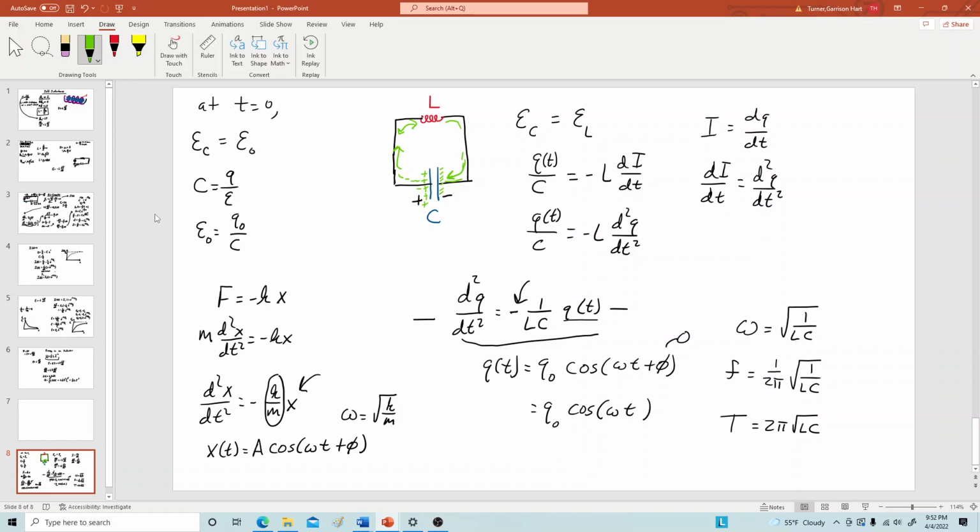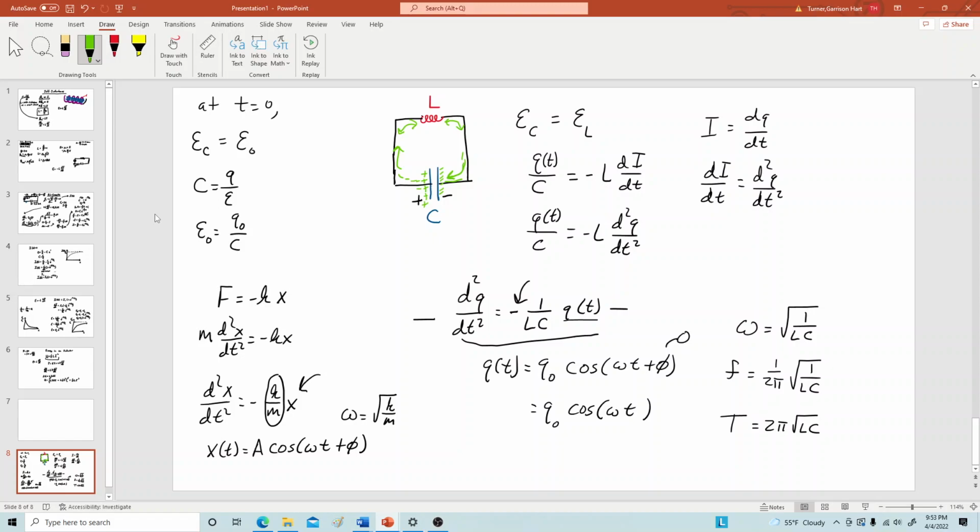And then when the plate has charged this way, the induced electric field will pull them back this way, and your charges will just oscillate. Okay? The current will just keep switching directions.